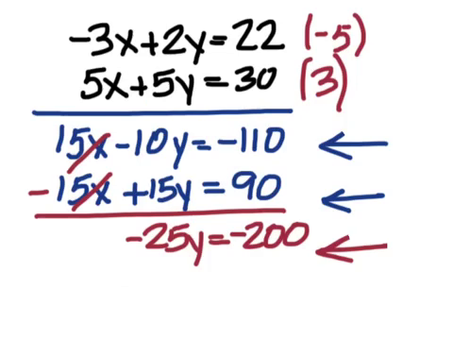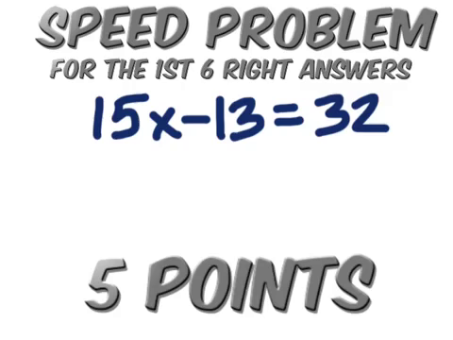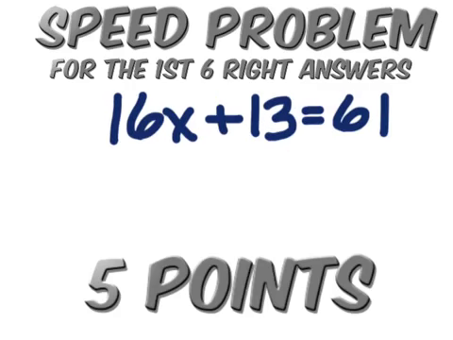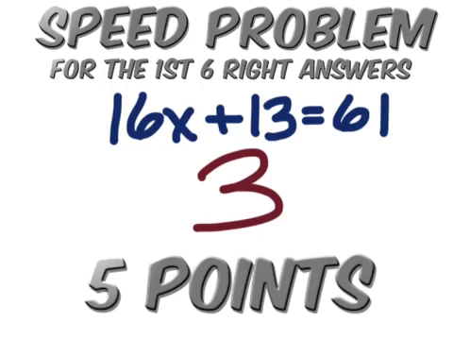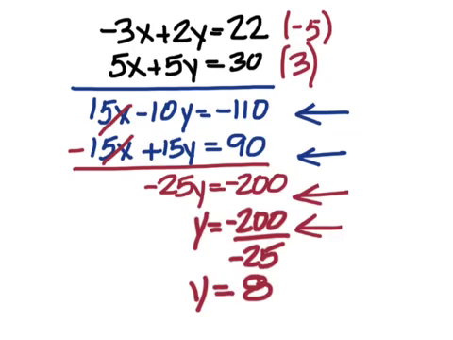If and only if you have negative 25y equals negative 200, then come up here. I need the solution for y. You should have 8.